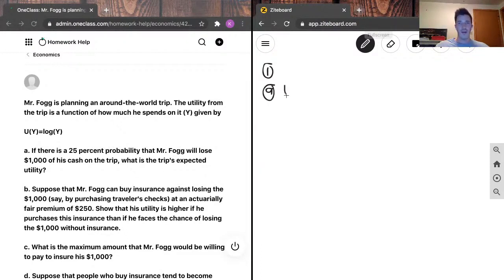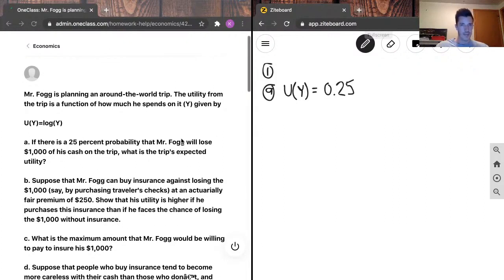And what we do here is break down his utility function into the 2 scenarios. So in scenario 1, there's a 25% chance that he's going to lose. It doesn't give us an income.